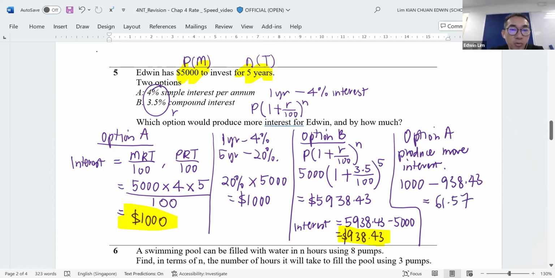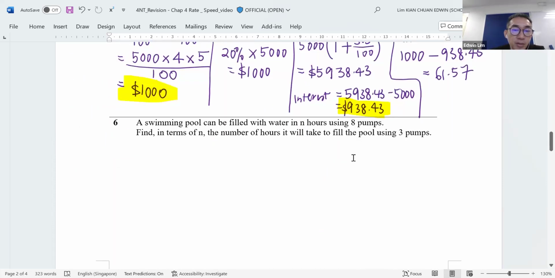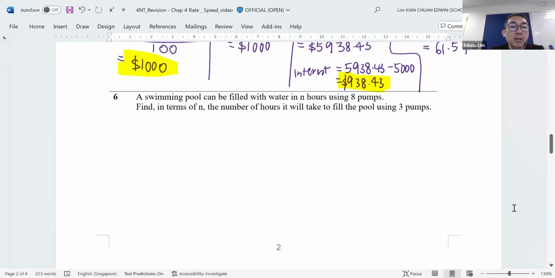All right, please have a look at question number 5. This is really decision making, and it's a very common question in the exam. Question number 6. A swimming pool can be filled with water in n hours using 8 pumps.